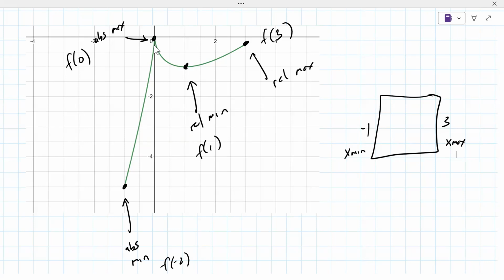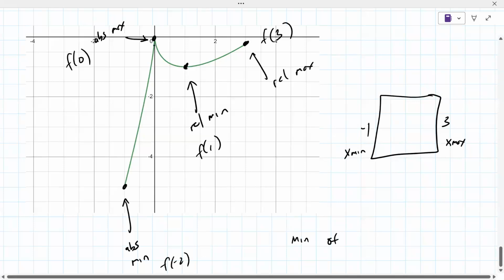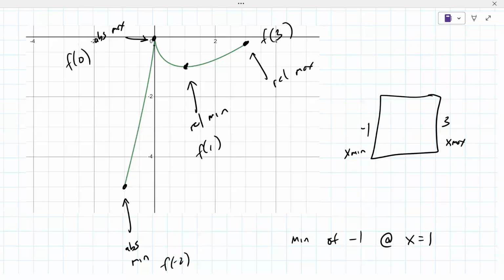The best answer is to say min of -1 at x equals 1. That's the full answer.